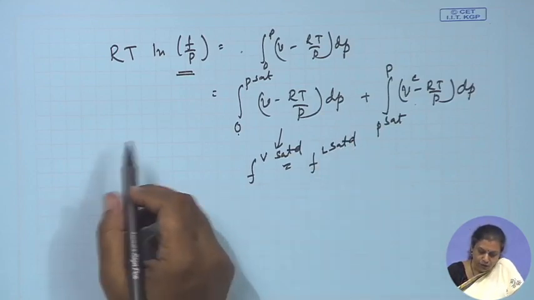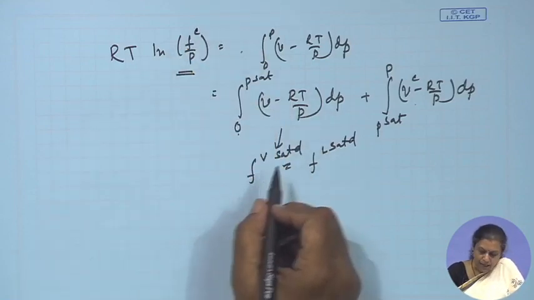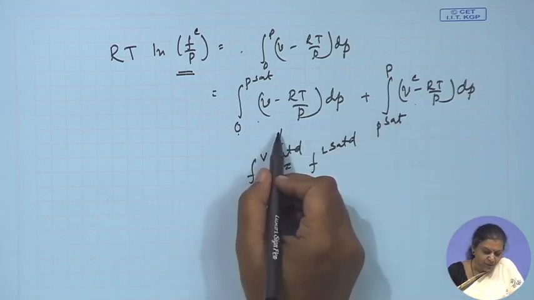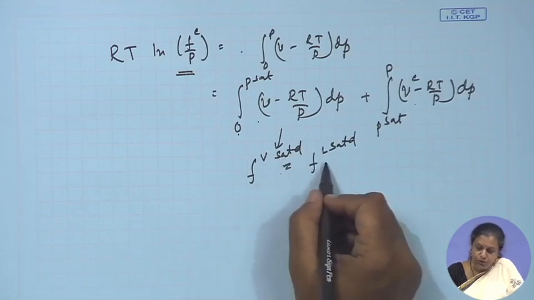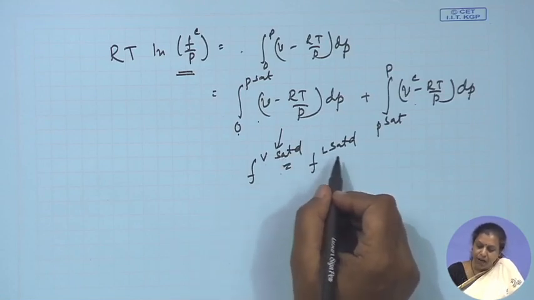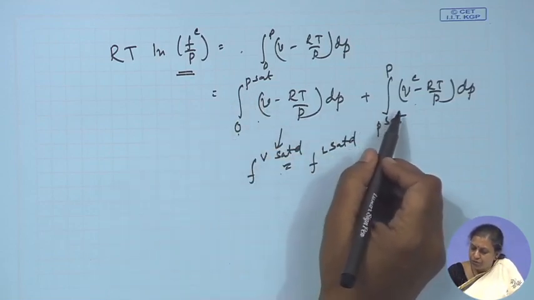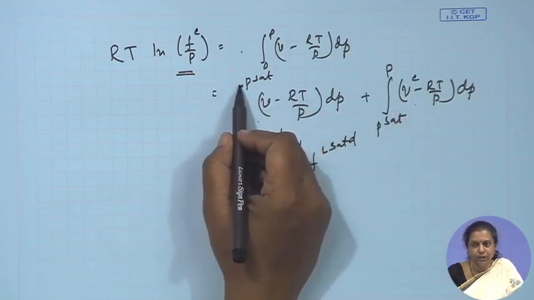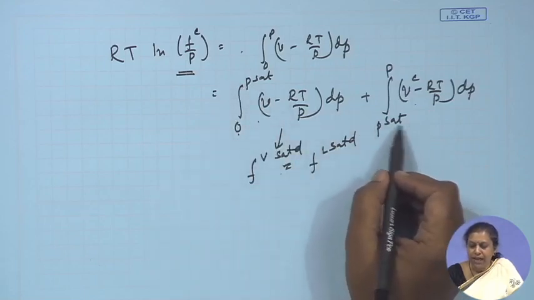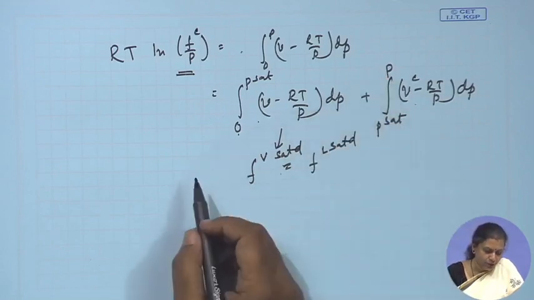So, what do I do here? To find out the fugacity of the condensed phase, I simply break it up into two parts. The first part gives us the fugacity of the saturated vapor, which is equal to the fugacity of the condensed phase under the saturated pressure conditions. And then if the condition of interest is far removed from the saturated pressure, we need to calculate the additional fugacity which is generated by compression of the condensed phase from the saturated pressure to the pressure of interest.